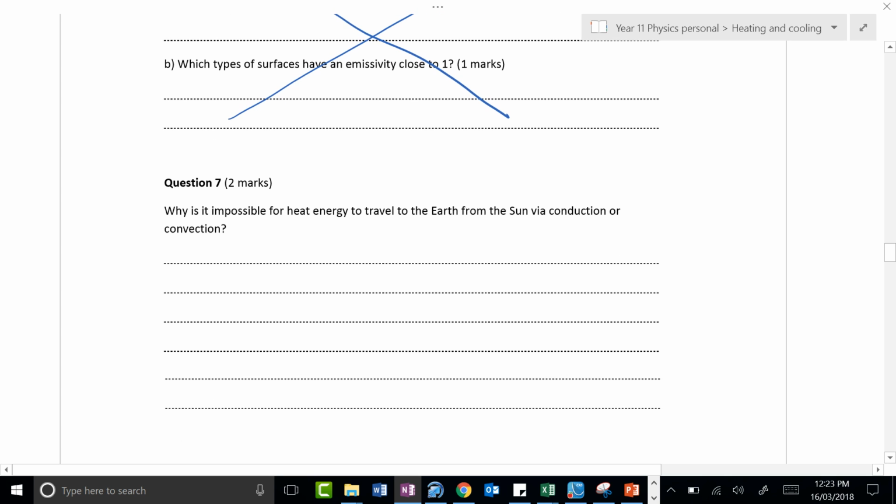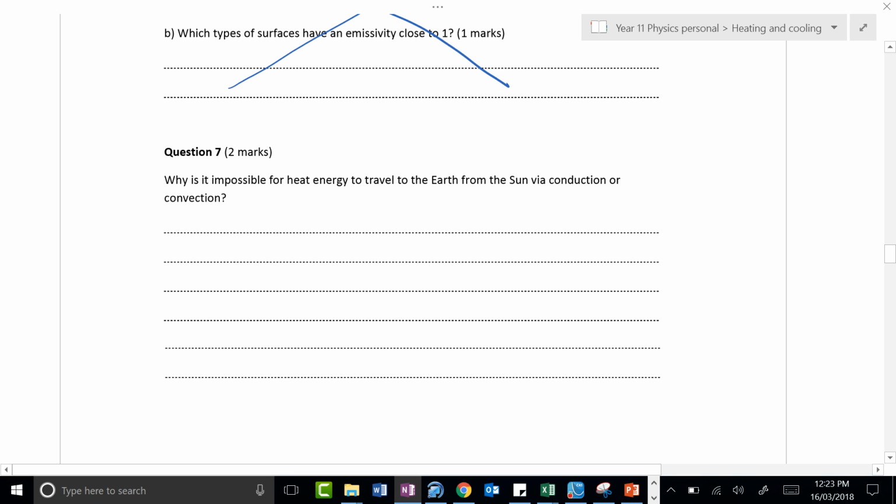Now, we certainly can look at this though. Why is it impossible for heat energy to transfer to the Earth from the sun via conduction or convection? You've got 2 marks here, so you certainly need 2 points. So you can say that radiation requires no particles for heat transfer.